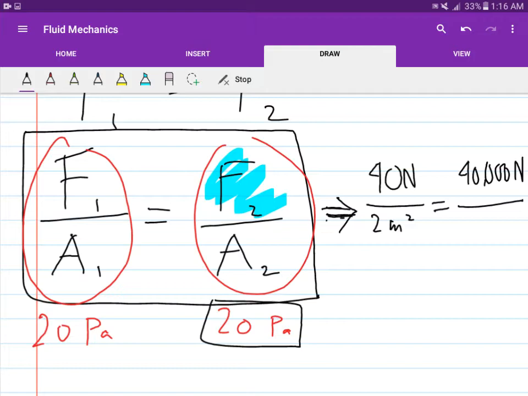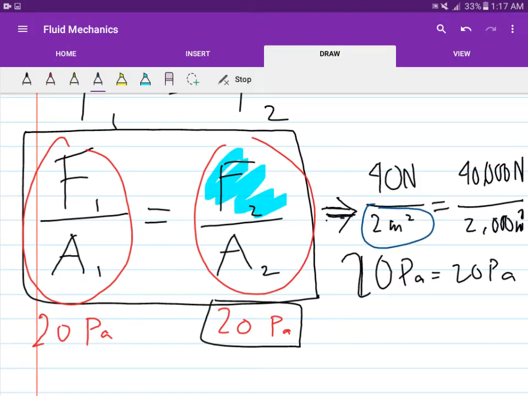So this should be 2,000 square meters. So that 20 pascals is still equal to 20 pascals. So as you can see, there is a trade-off between the area applied and the forces.